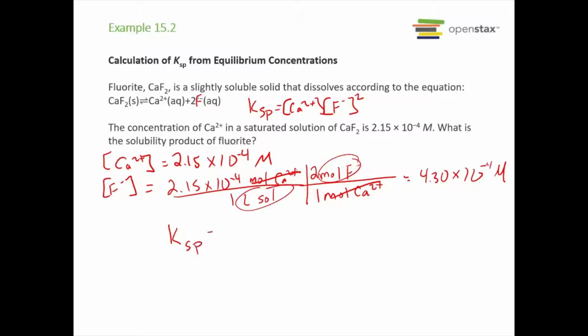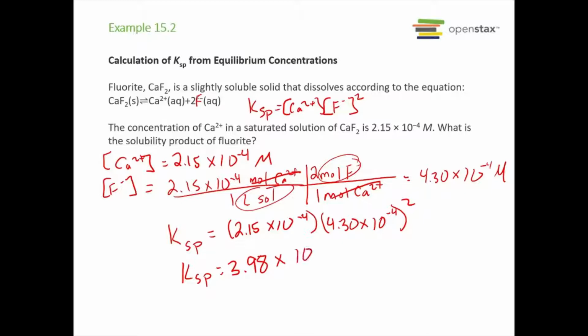So Ksp is equal to 2.15 times 10 to the negative 4th times fluoride, which is 4.30 times 10 to the negative 4th, squared. So that gives us a Ksp of 3.98 times 10 to the negative 11th power.